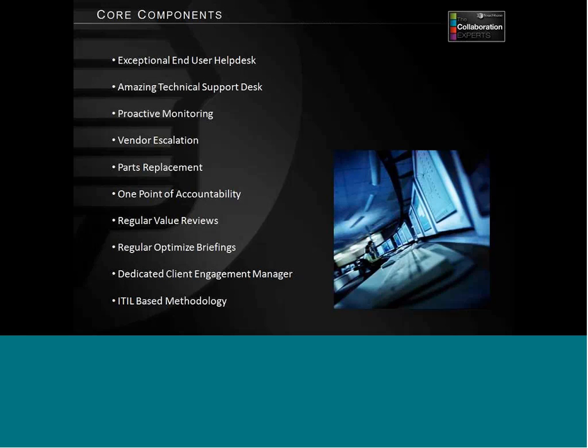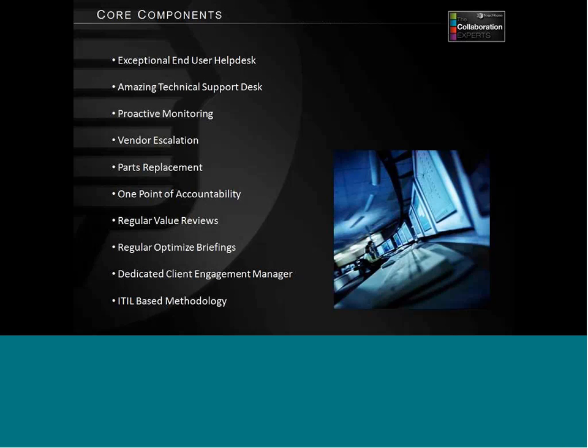Proactive monitoring is exactly what it says it is: a system which is constantly looking at the performance of your system and deciding whether it's running as it should be, and if it isn't, automatically creating a fault event, so that either you, if you support the technology yourselves, or your third party can deal with the issue even before the general population of the organization knows that there is an issue.